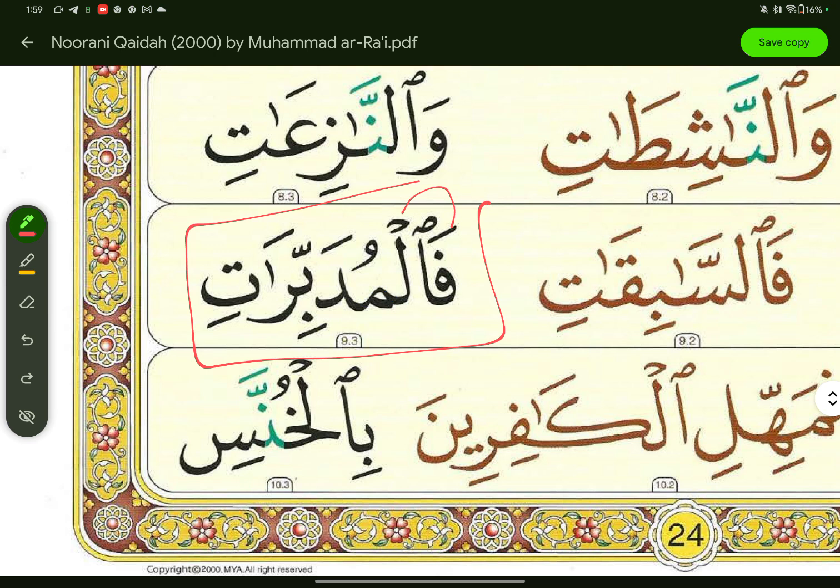Fal. Mu. Da. That's a ra. There's a ba before it. Not fas, but fal. Fal. Mud. Da.